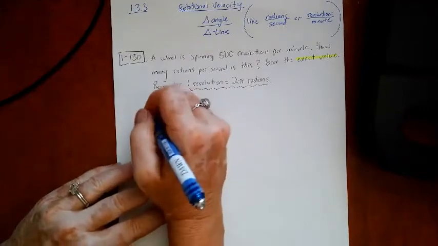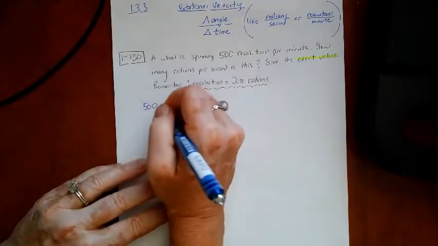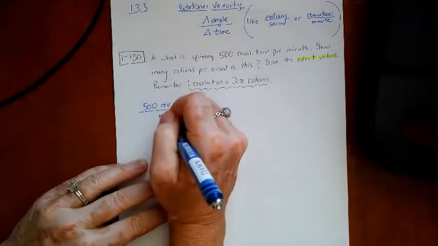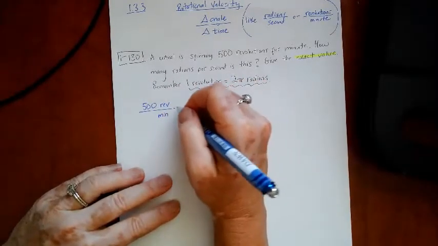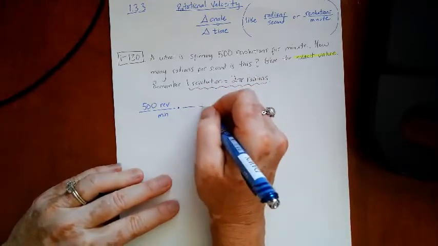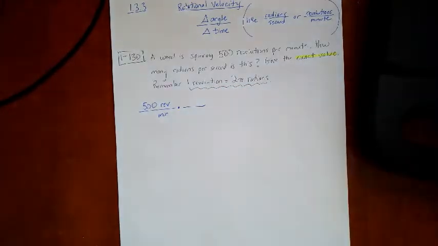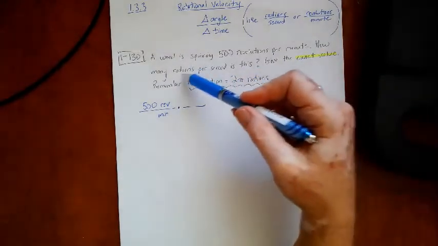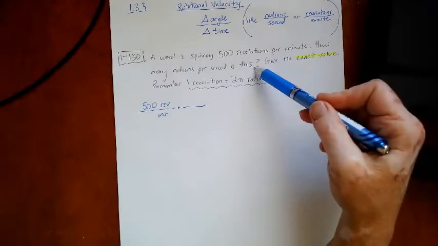So we've got 500 revolutions per minute. And this is dimensional analysis or unit multipliers. So we're just going to try to turn this into radians per second.